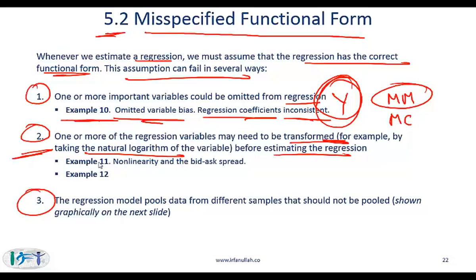I can imagine that. What will then happen? You will have another type of misspecified model where you have the right X values and the right dependent variable, but they are not properly transformed. So that also classifies as a misspecification.